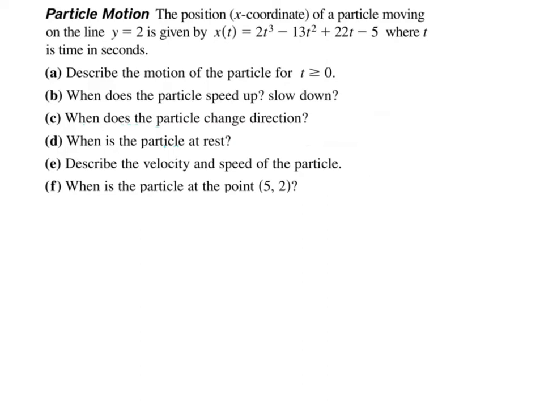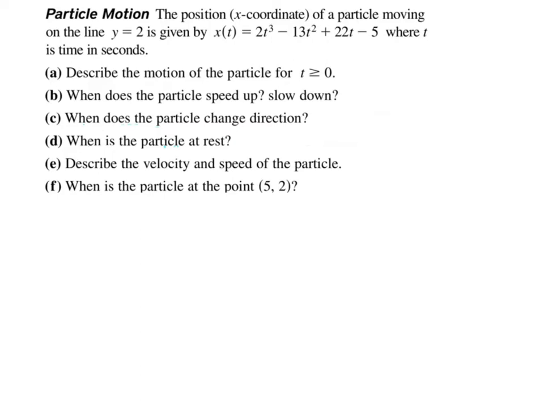The position, or the x-coordinate, of a particle moving on the line y equals 2 is given by x of t equals 2t cubed minus 13t squared plus 22t minus 5, where t is time in seconds. So this is the position of a particle moving on the line y equals 2.